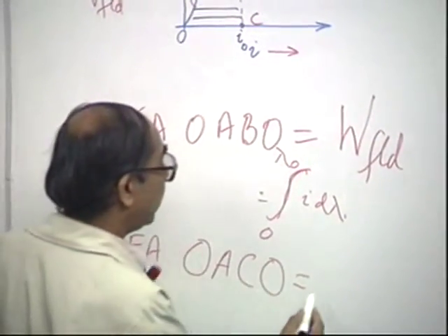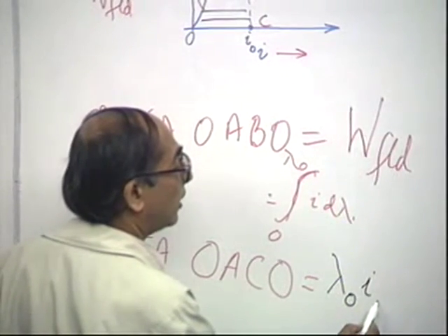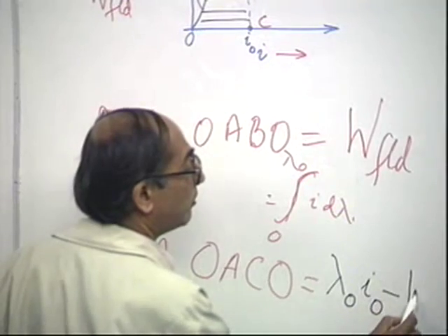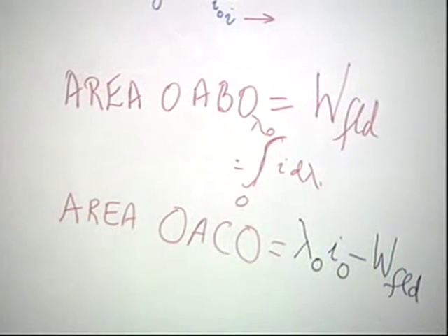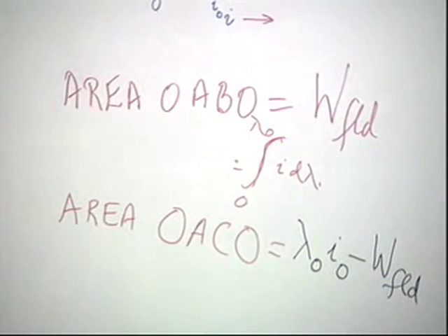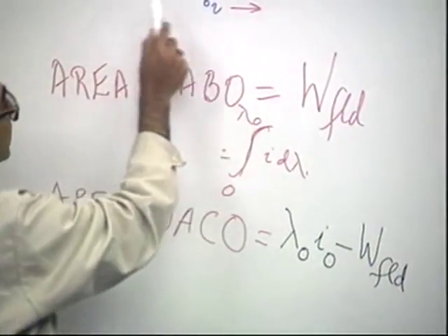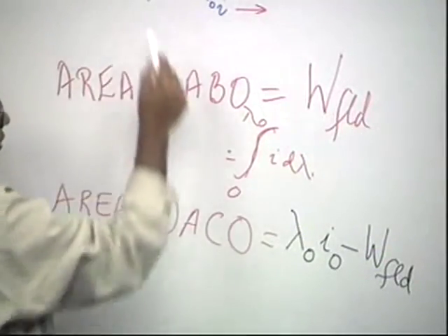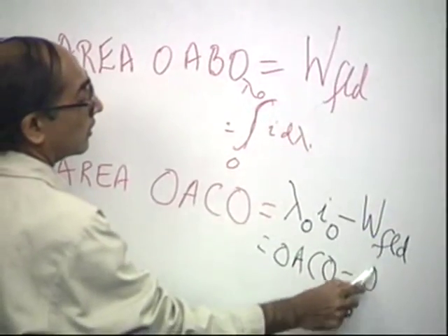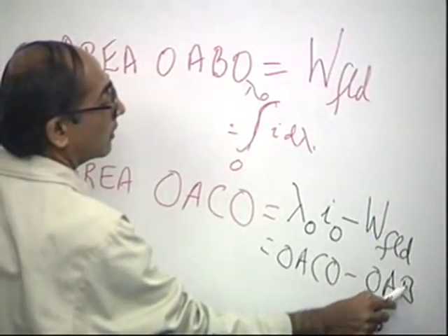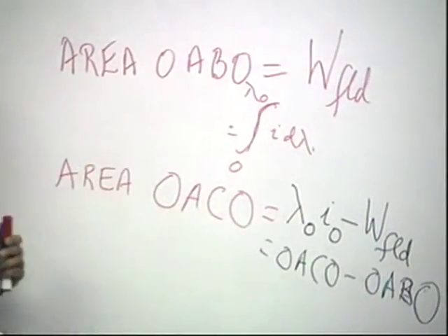It is basically lambda naught I naught minus W field. For a given situation, that is the total OACO minus OABO, isn't it?